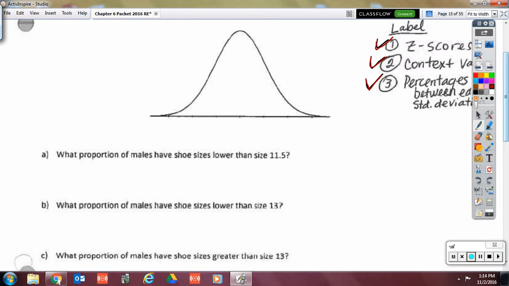First of all, how many standard deviations go in each direction on a normal model curve? Well, if this is the mean here, how many standard deviations are there? 3 up and 3 down. Okay, good. All right, so we're going to label z-score first.